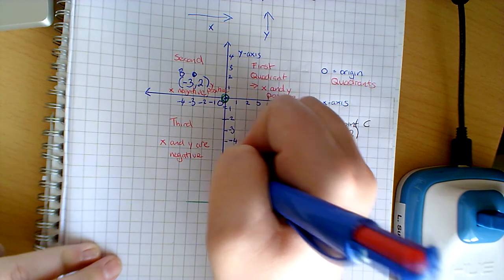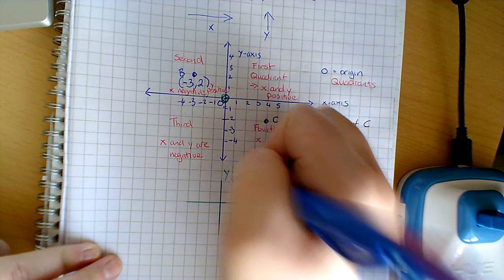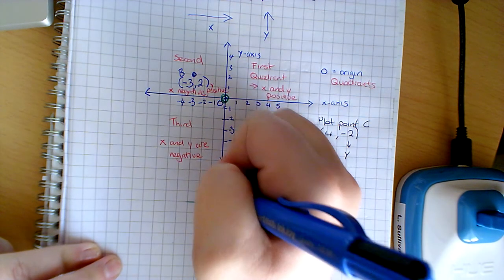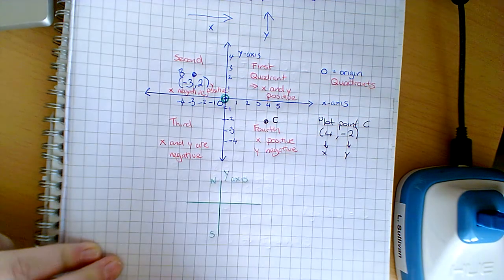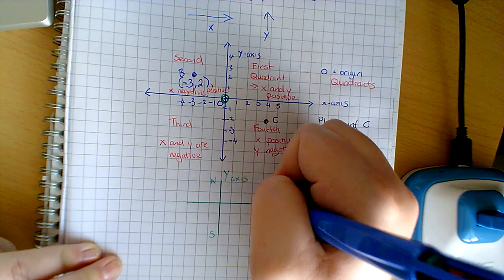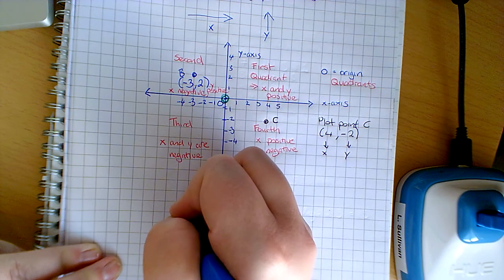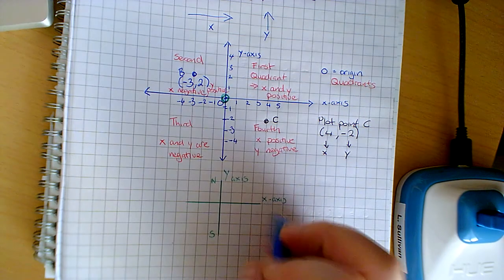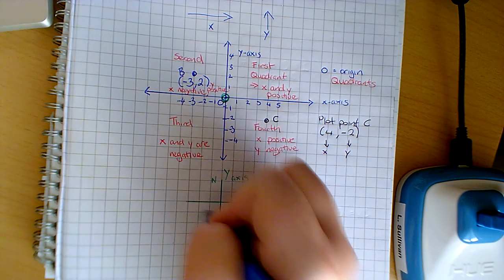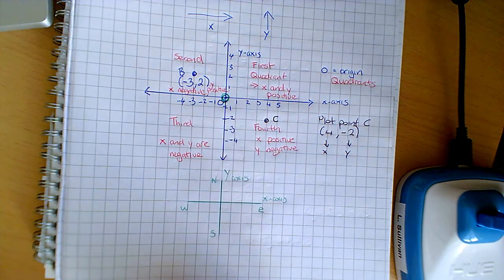Our y-axis goes from north to south, and our x-axis goes from east to west.